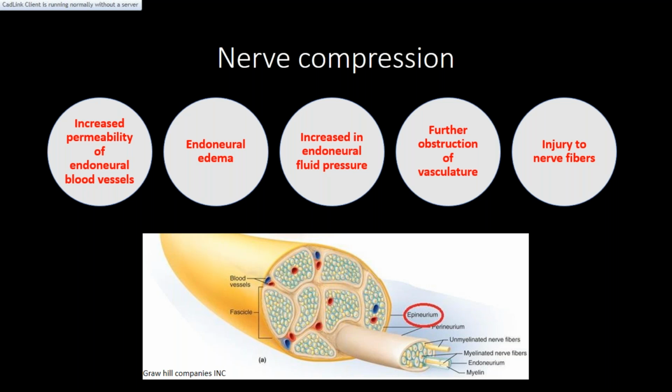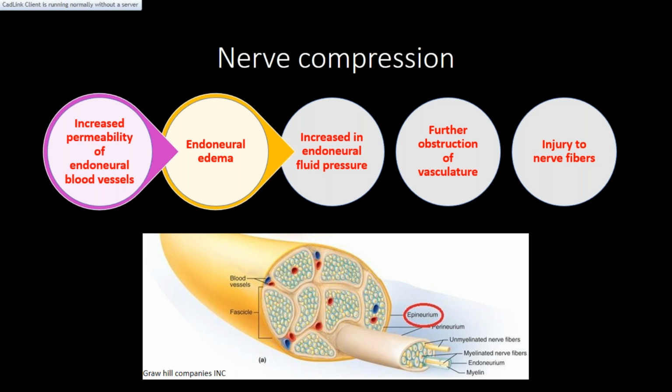So let's look at what's the reason behind hypoechogenicity or decreased echogenicity of the nerve. When there is pressure on the nerve, there is increased permeability of endoneural blood vessels. Because of this increased permeability, more fluid enters the fascicles of the nerve, and there is endoneural edema.